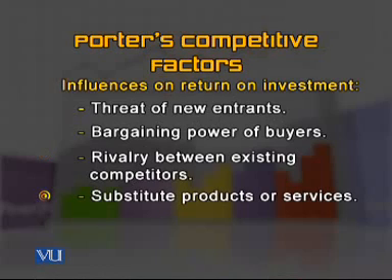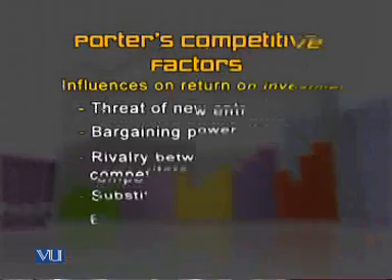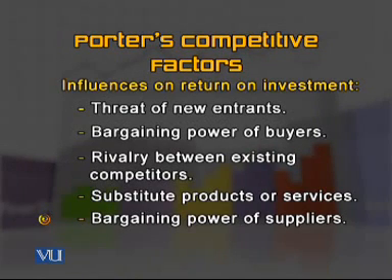Now, if you've got substitute products or services available for one product or service, you'll obviously have an array of decisions to be making, what to buy and what not. We would also then be focusing on the bargaining power of the buyers, but we cannot overlook the bargaining power of suppliers as well, because the suppliers would also have a choice of where to deliver their products to.